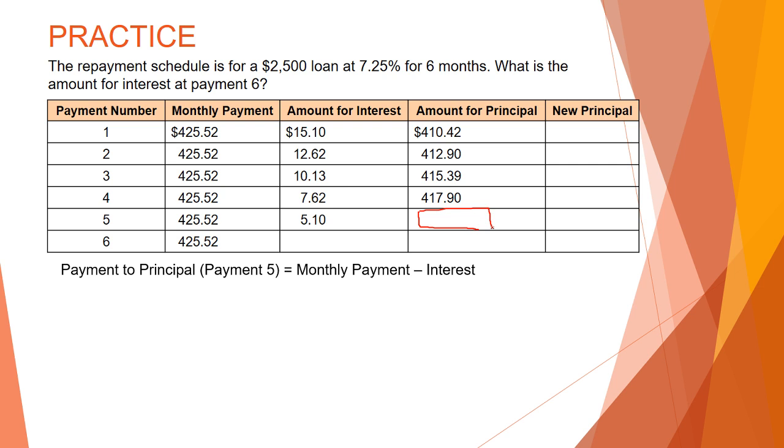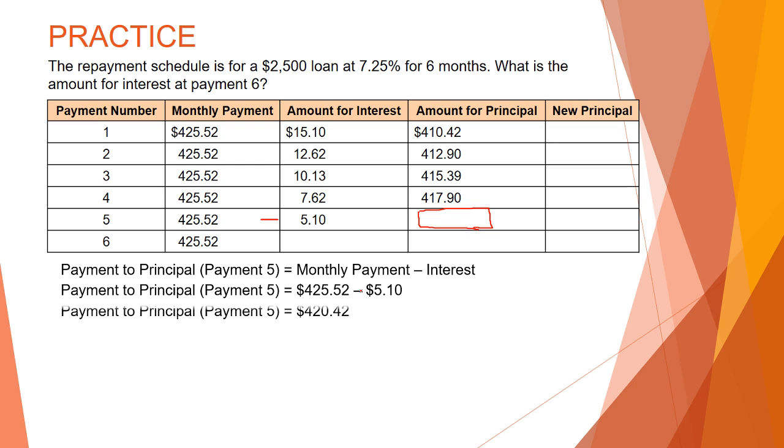We're missing a number right here. So how do we find that? What we need to do is get the monthly payment and subtract the interest from that. So subtract these two numbers right here, giving us the amount for principal of $420.42.